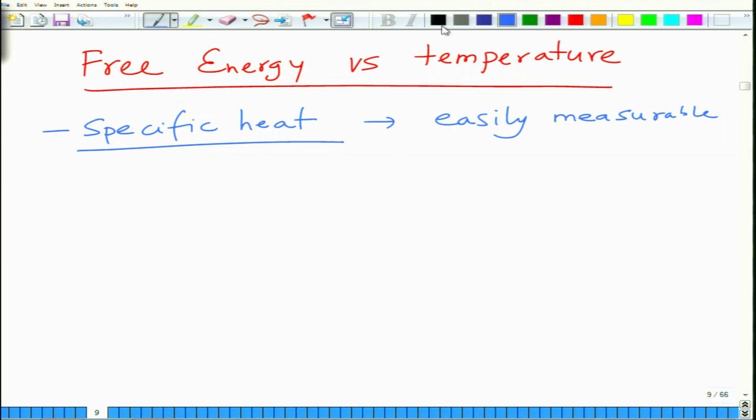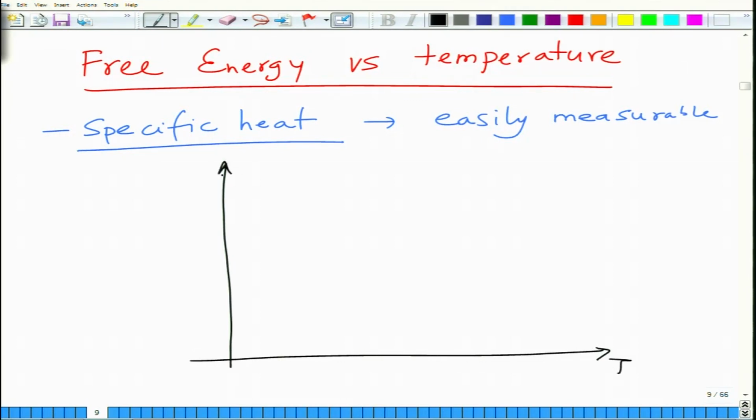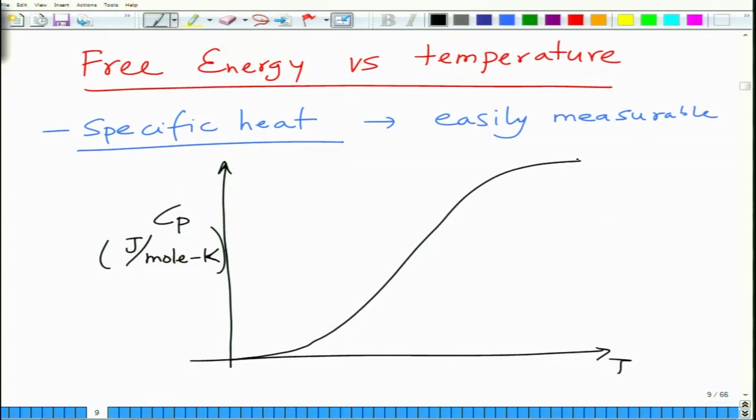So, when you plot specific heat as a function of temperature T and then specific heat, the unit of this will be joule per mole per Kelvin. Okay. So, a specific heat of most substance goes as something like that. Okay. So, start from 0. This is the variation of specific heat will be.